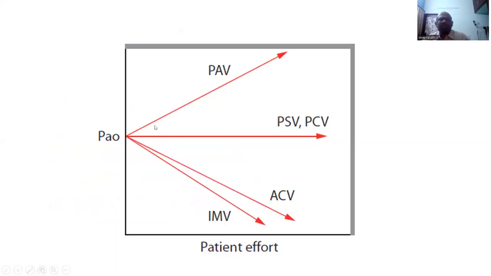Here you can see a few modes and a comparison of the airway pressure with the patient effort. As the patient starts to make effort, if the patient is in a pressure support or pressure control mode, the airway pressure remains the same. It does not change.